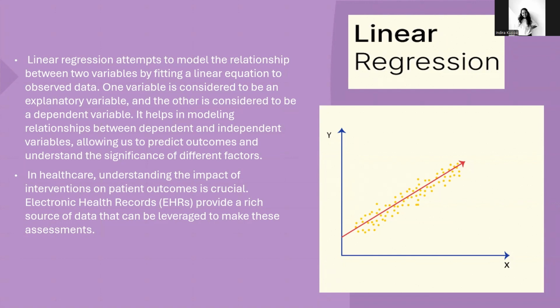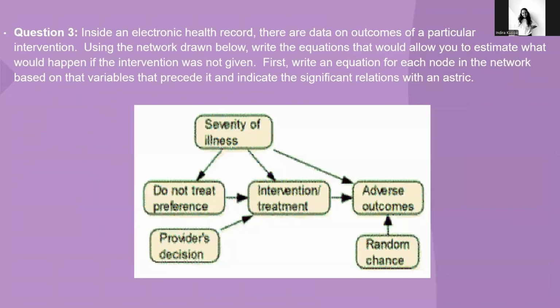Especially in healthcare, understanding the impact of interventions on patient outcomes is very important. Likewise, electronic health records provide a rich source of data that can be used to make these assessments. Coming to question 3 of regression networks, week 6, we'll go through the question first.